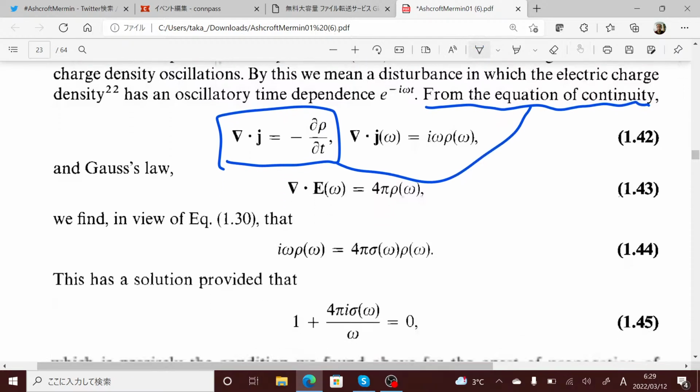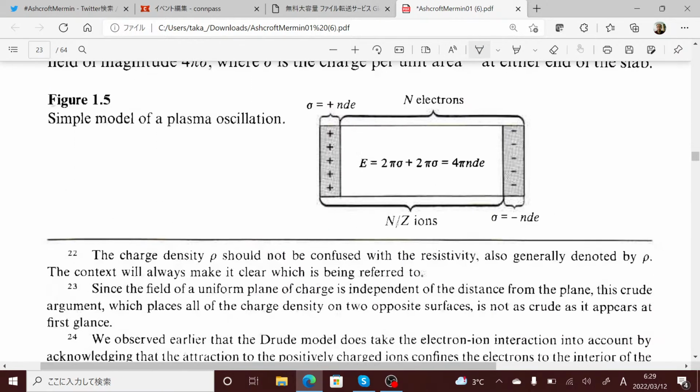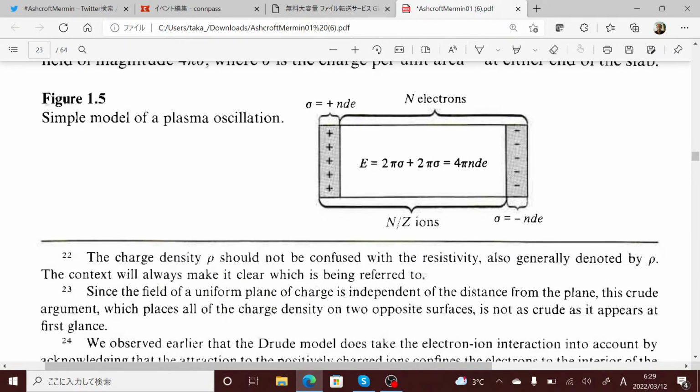Footnote 20: the charge density rho should not be confused with the resistivity, also generally denoted by rho. The context will always make it clear which is being referred to.